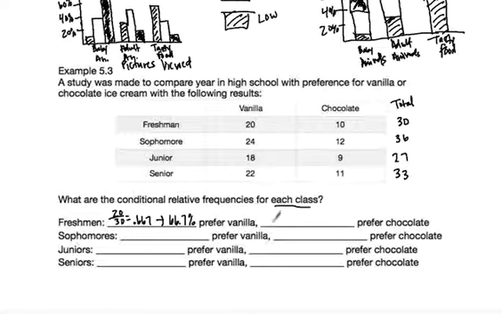Freshmen that prefer chocolate. Okay, so there were 10 out of 30 that prefer chocolate, so that'll give you 0.333. And I'm going to leave these as decimals.